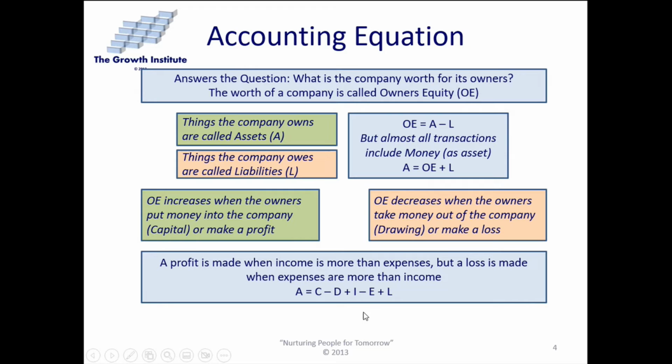Now we are sitting with what we call the expanded accounting equation. Assets is equal to capital minus drawing plus income minus expenses plus liability.